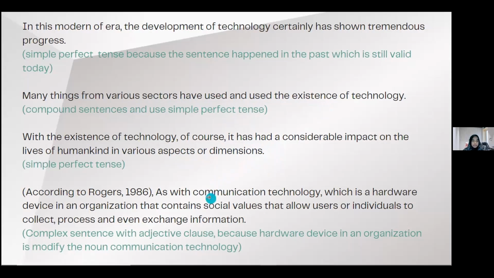According to Roger, 1986, communication technology is a hardware device in an organization that contains social values that allow users or individuals to collect, process, and even exchange information. This sentence is a complex sentence with an adjective clause because the hardware device in an organization modifies the noun communication technology.